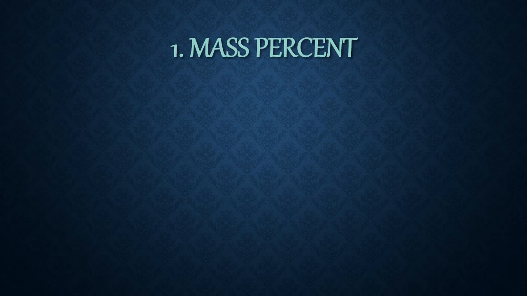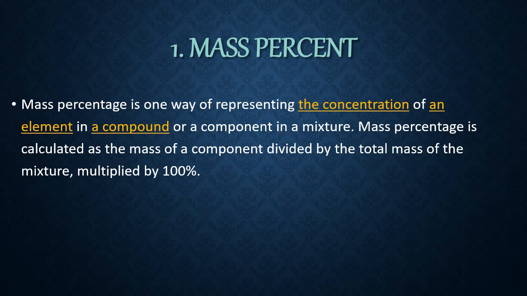Number 1, mass percent. Percentage of a solute in a known amount of a solvent. So that solution forms, that is called the mass percent, and we calculate in terms of percentage. For example, 2 gram in 95 gram, for 100 how much, like that. That is called mass percentage.